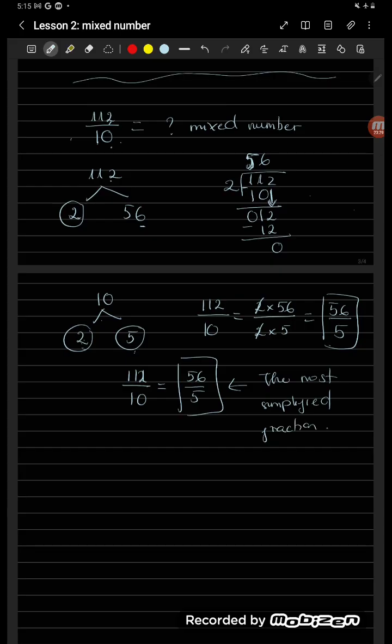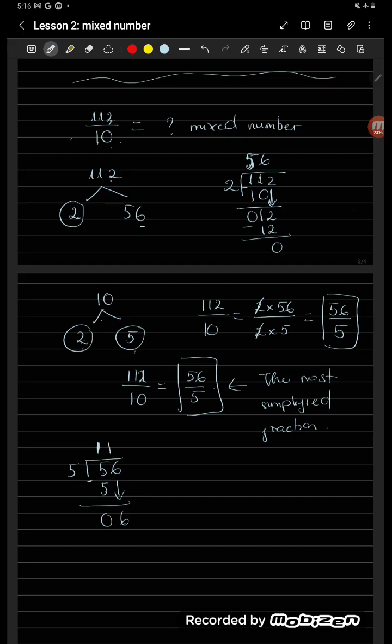Now we just convert this one to a mixed number, and we follow the steps above. We take 56 divided by 5, always the top part divided by the bottom part. 5 divided by 5 is 1, 1 times 5 is 5, so 5 subtract 5 is 0. Now we bring 6 down. 6 divided by 5 is 1.